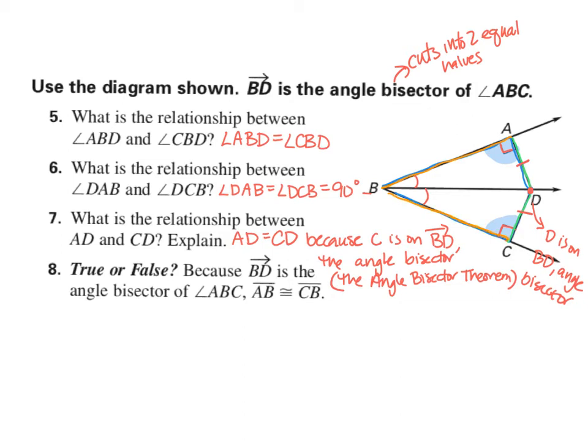Now this isn't necessarily an obvious answer because we kind of have to go old school back to our triangle congruence theorems. Remember we had angle, side, angle, angle, angle, side, and side, angle, side. And those were your triangle congruence theorems.